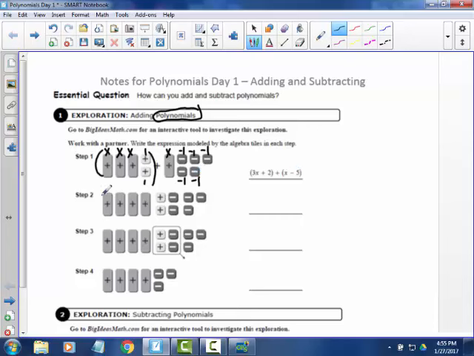Okay. Now, here they've rearranged them. What they've done is they have brought together all of each type of thing. So you can see all of our x's are now together, our 1's, our negative 1's. Okay, so they basically rewrote this as 4x plus 2 minus 5.